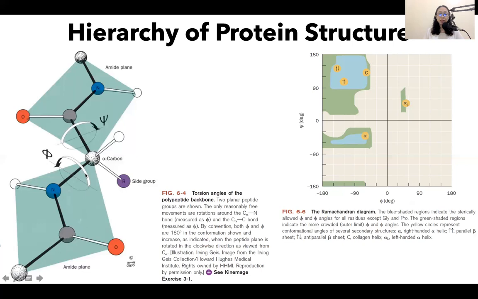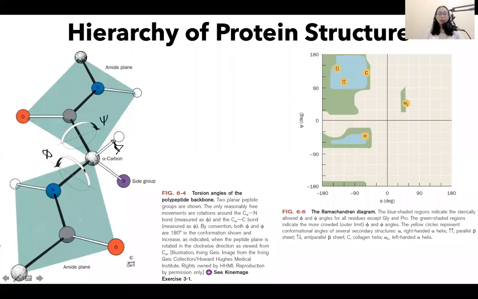So we have this. If you are looking at the alpha carbon nitrogen bond, this angle is referred to as the phi angle. So let's say that you are looking at this direction, through the alpha carbon nitrogen bond.